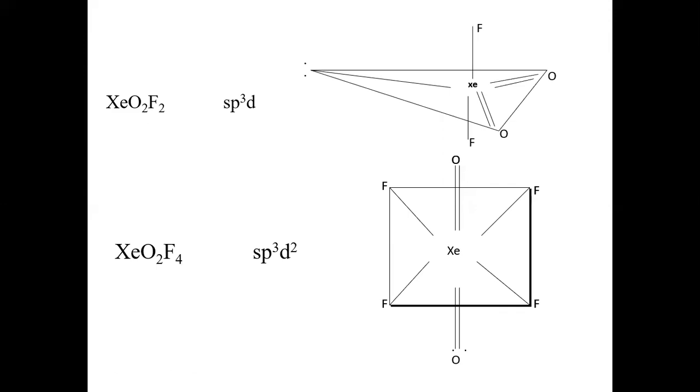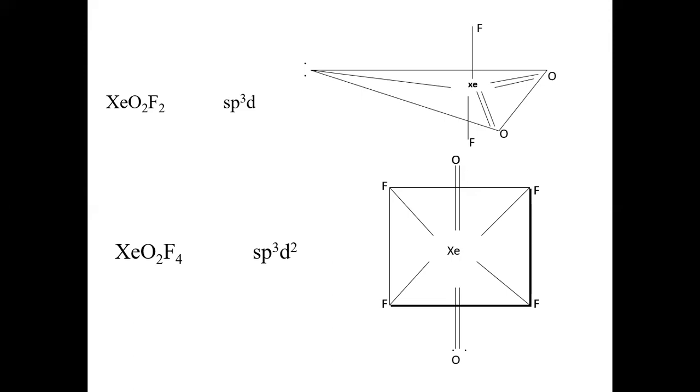One 5s, three 5p's and one 5d orbital undergo sp3d hybridization to form 5 sp3d hybrid orbitals. One sp3d hybrid orbital is occupied by a lone pair of electrons.